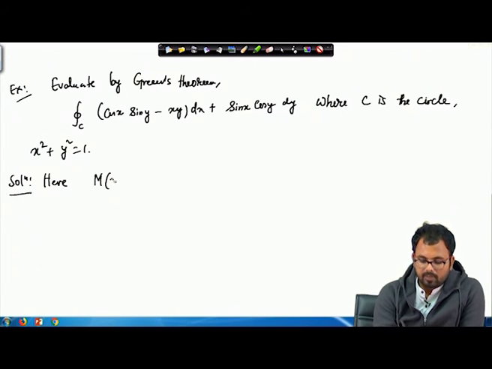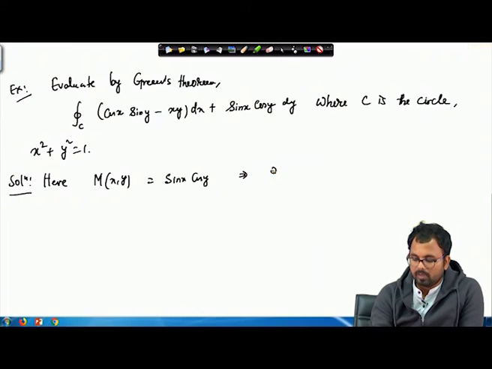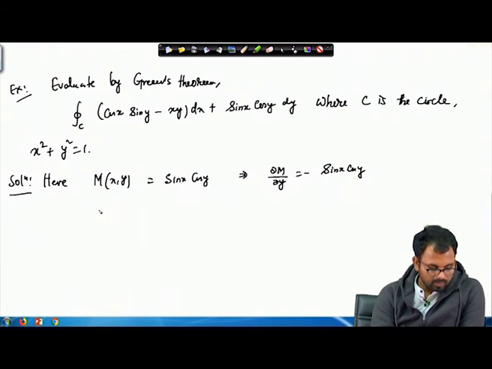m of x y is sin x cos y. So, what will be our del m del y? Del m del y will be minus of sin x cos y, right. And n of x y is cos x sin y minus x y.